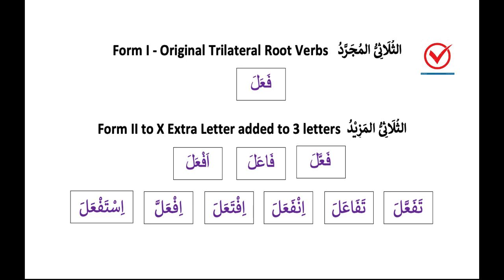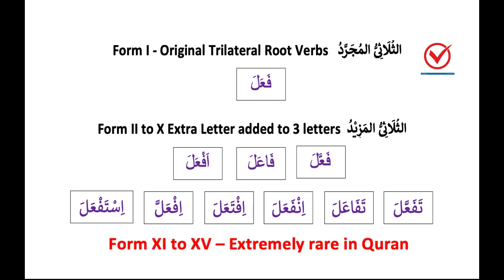It is important to remember that most commonly used verbs in the Qur'an are between form 1 and form 10. There are 5 more other forms of Arabic verbs, form 11, 12, 13, 14, 15. But they are extremely rare in Qur'an and we shall not discuss them at all.